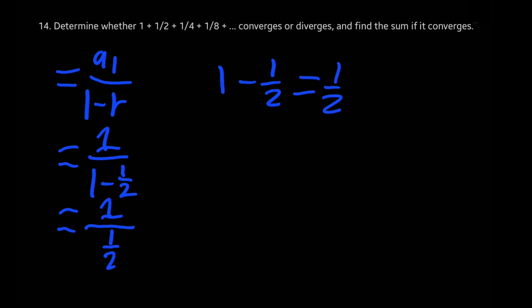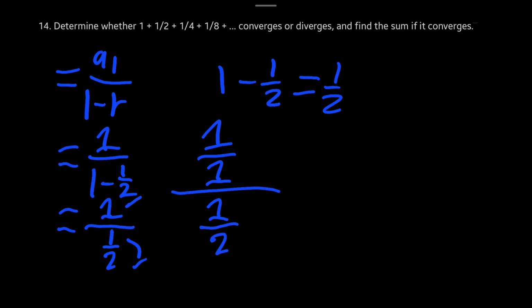One thing I could do is, since the denominator is already expressed as a fraction, we express the numerator as a fraction as well. So I have 1/1 over 1/2.